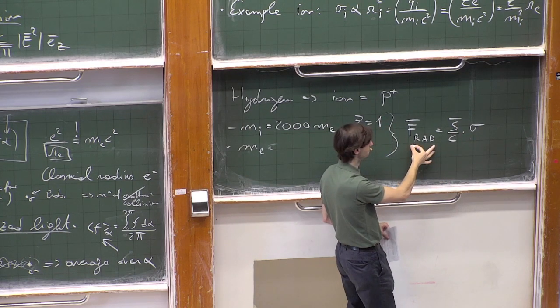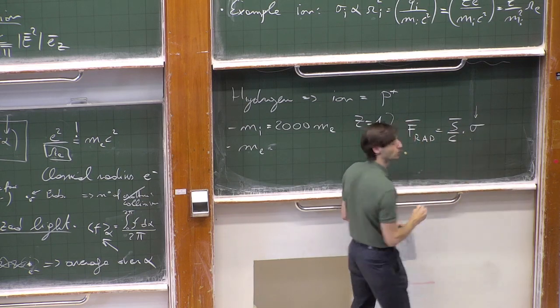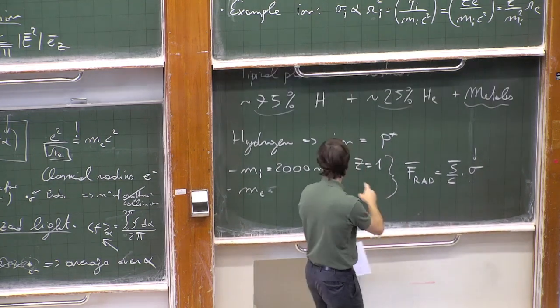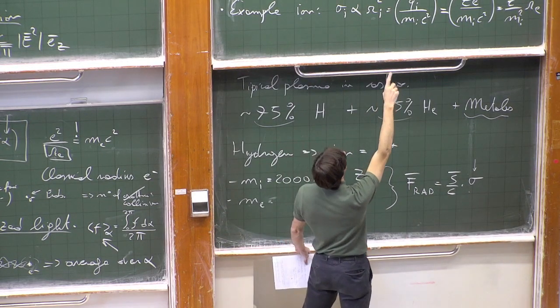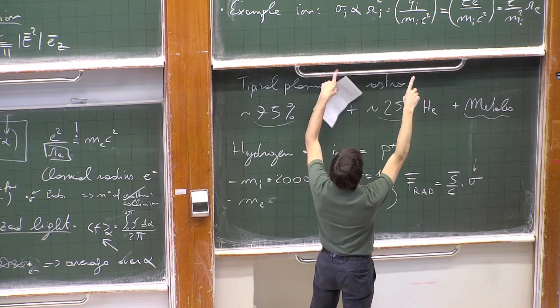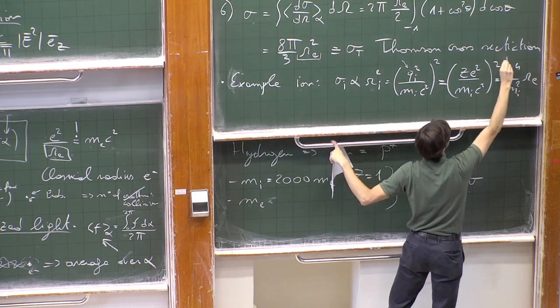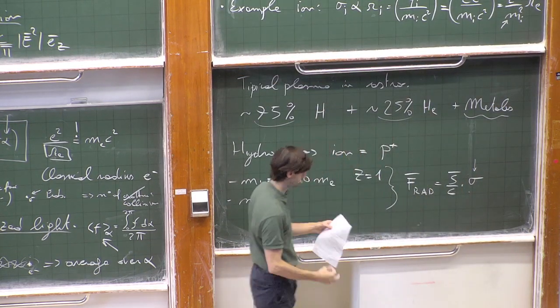Now you know what is the force applied to electrons or to ions, depending on what you are considering here. And you see that the cross-sections of protons and ions, and of electrons, are extremely different from each other, because there is the dependency with respect to the mass and in general with respect to the charge number.